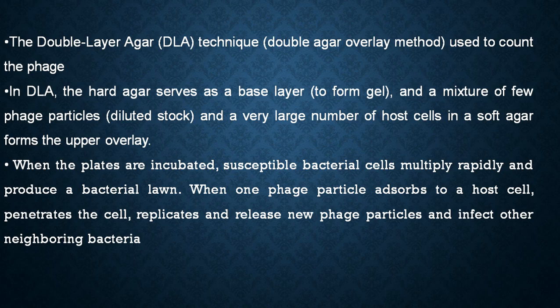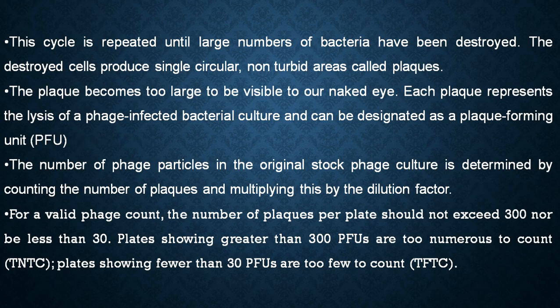When one phage particle adsorbs to a host cell, it penetrates the cell, replicates and releases new phage particles, which infect other neighboring bacteria. This cycle is repeated until a large number of bacteria have been destroyed.